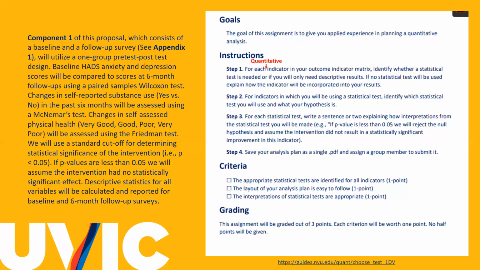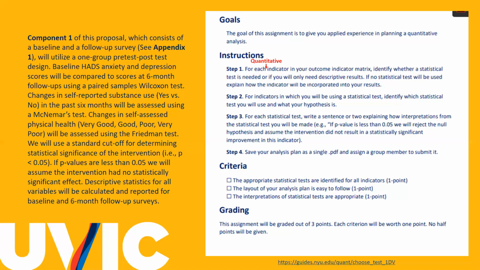A third outcome, changes in self-assessed physical health, you can see very good, good, poor, very poor, will be assessed using the Friedman test. For all those tests, we will use a standard cutoff for determining statistical significance of the intervention. P 0.05 is pretty standard. If p-values are less than 0.05, we will assume the intervention had no statistically significant effect.